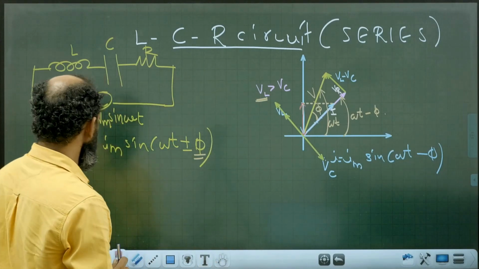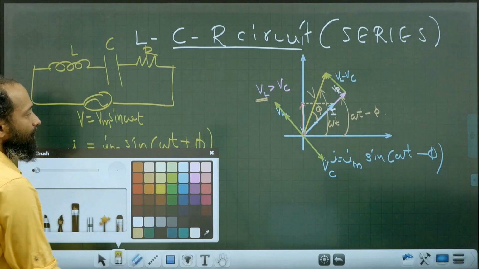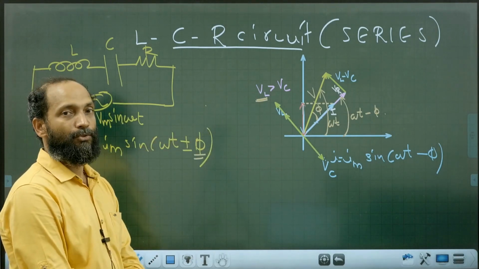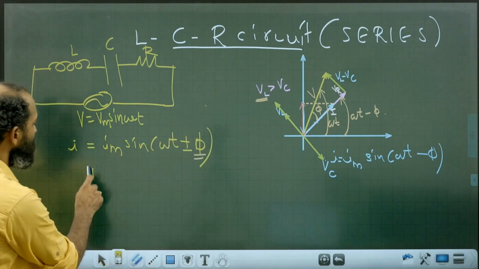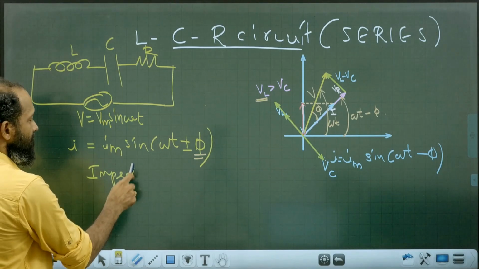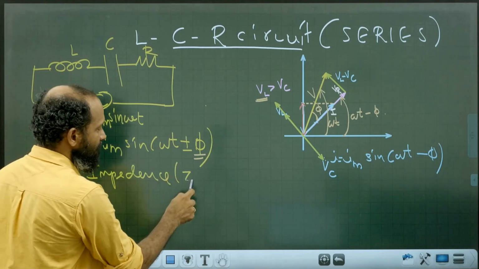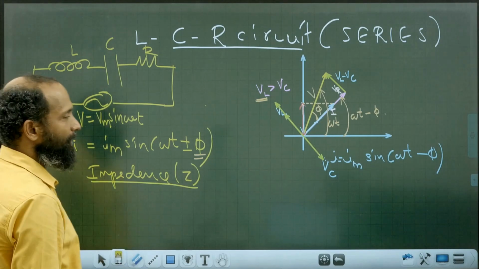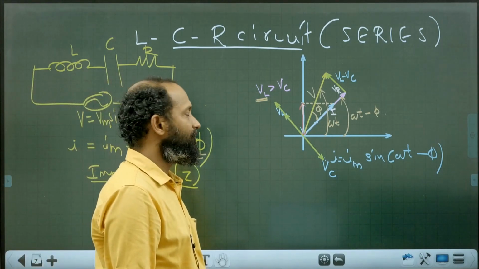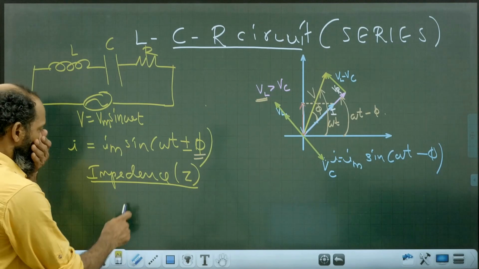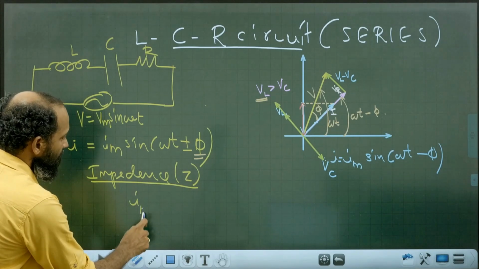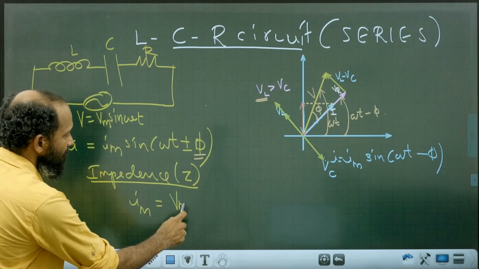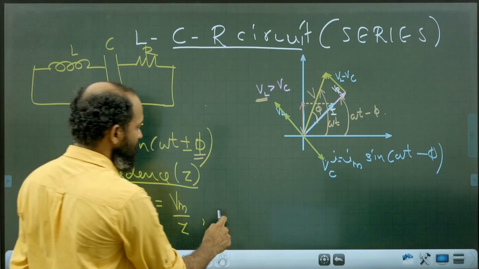Now, the total obstruction offered by a series LCR circuit to the flow of AC is called impedance. Impedance has its reciprocal called admittance. Impedance, reactance, resistance all have the same dimensions. Therefore, current amplitude is equal to voltage amplitude divided by Z in an AC circuit.